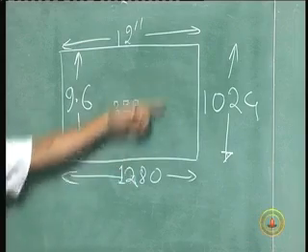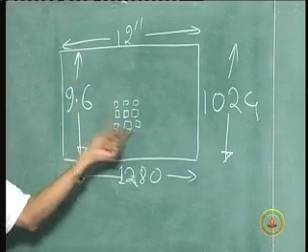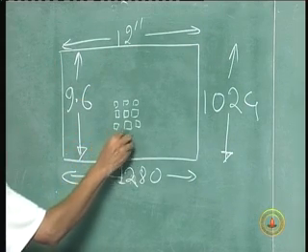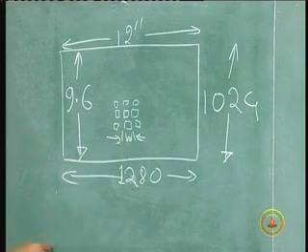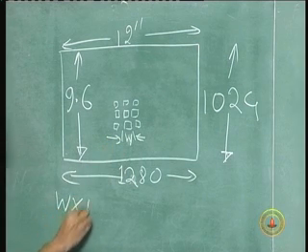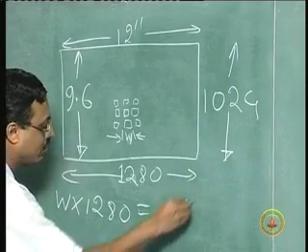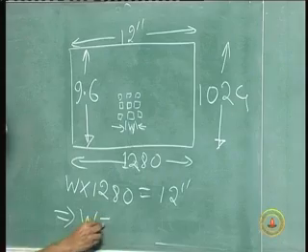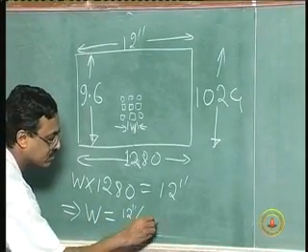It depends upon the physical dimension, and so the number of pixels multiplied by each unit gives this. So, we can say that if each such unit is of width w, then w multiplied by 1280 gives you actually 12 inches, which in turn tells you that w, that is the width, will be actually 12 inches by 1280.